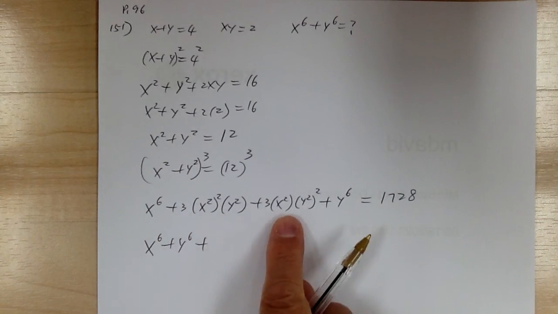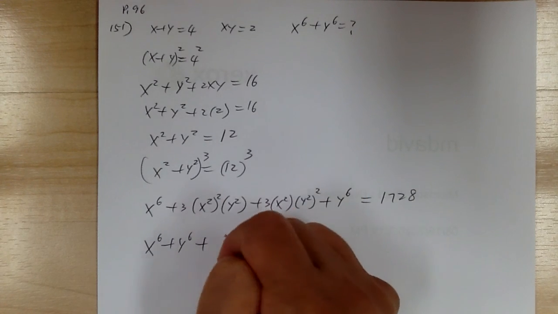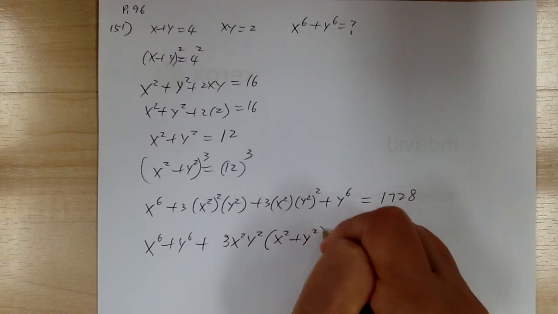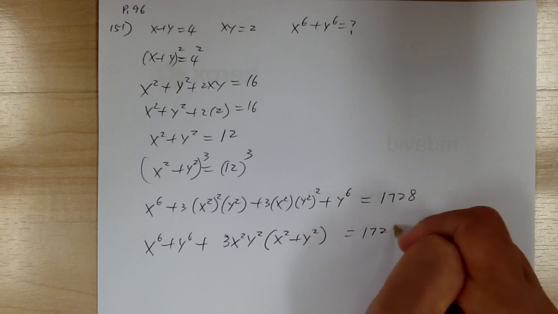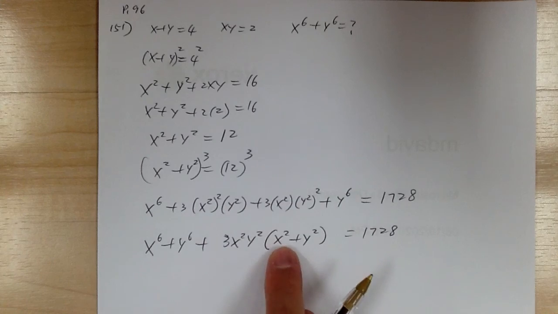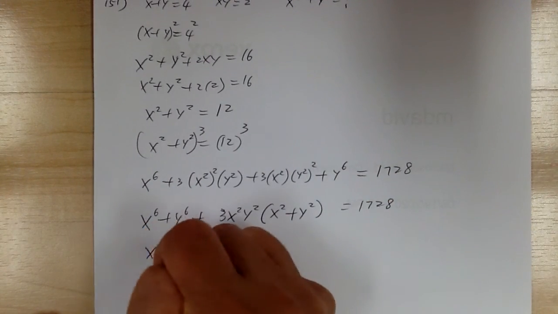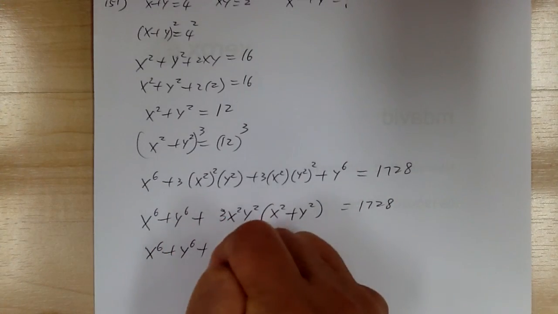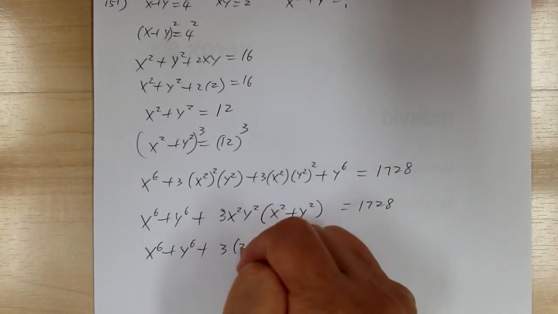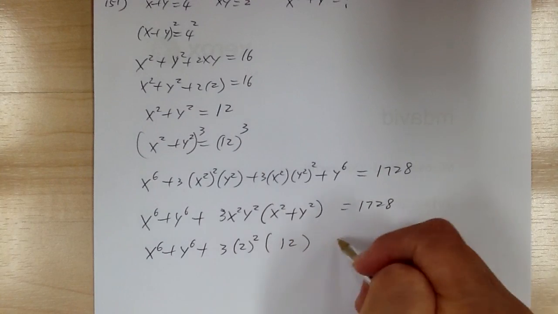Now this one we can factor out the 3x squared y squared, and we end up with x squared plus y squared. Again, from here, factor out the 3x squared y squared. Now we need to do the substitution. The x squared y squared is the square of xy, so it would be 2 squared. x squared plus y squared from here is equal to 12.